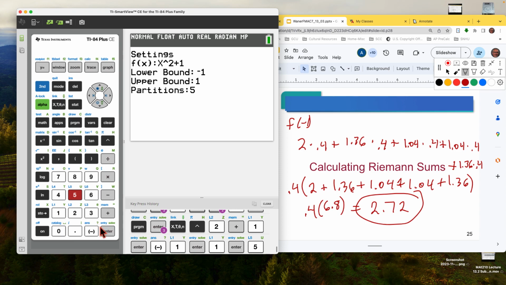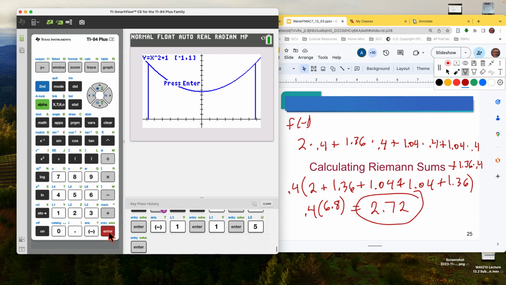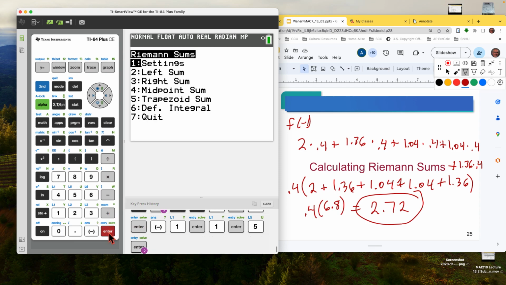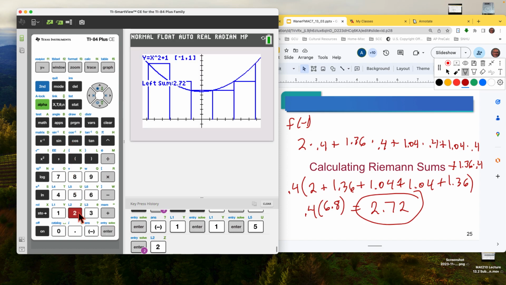We're going to do 5 partitions because they asked for it. There's that. We hit enter. They're going to ask for left sums. There's that. That's the visual of what we actually came up with. And notice we got 2.72. 2.72. This one we did without doing the graph.